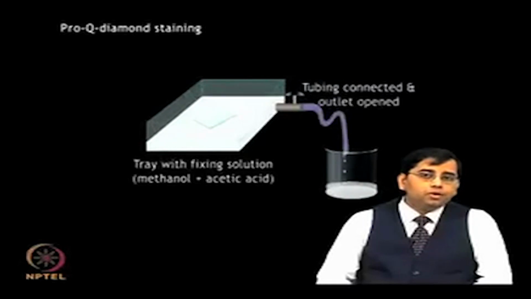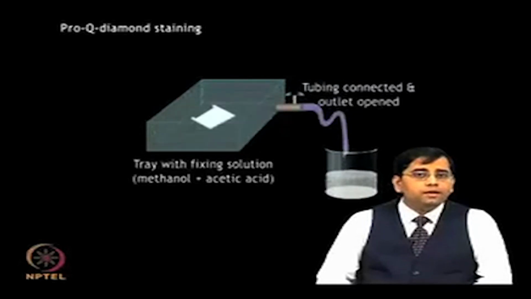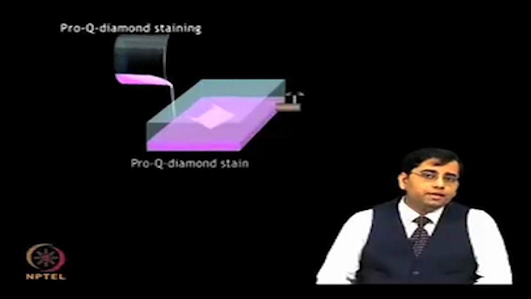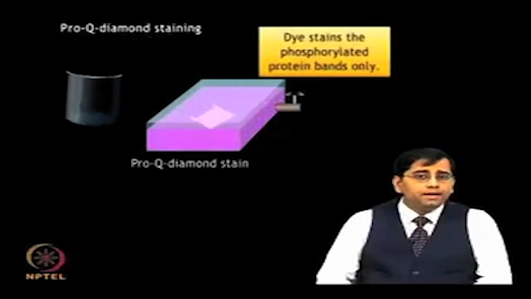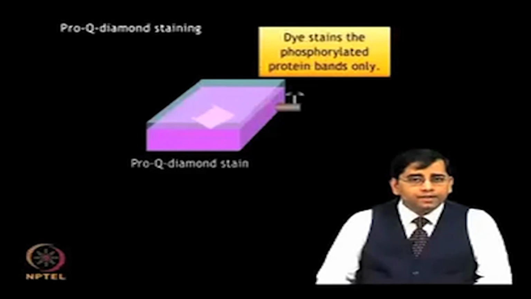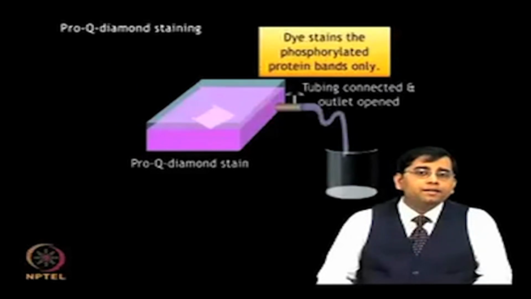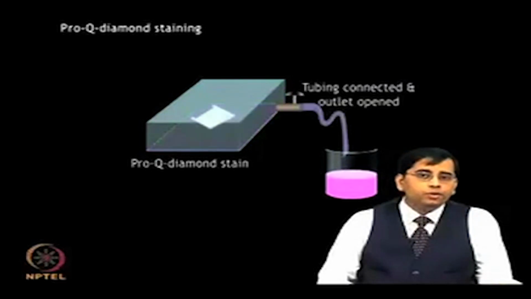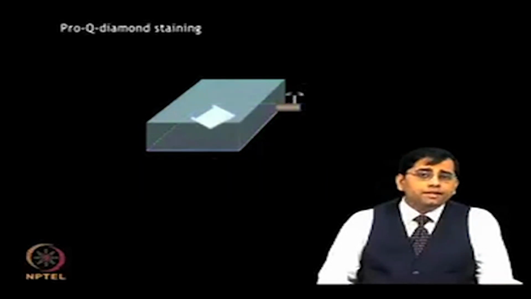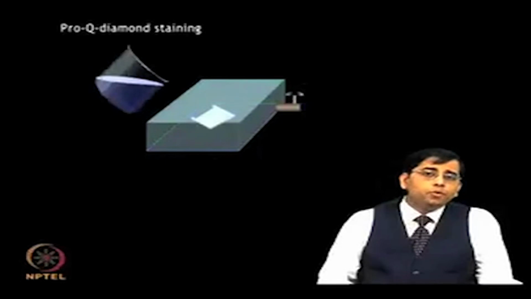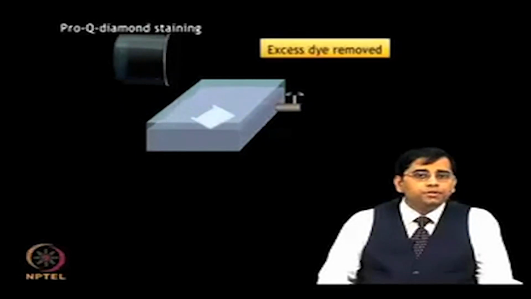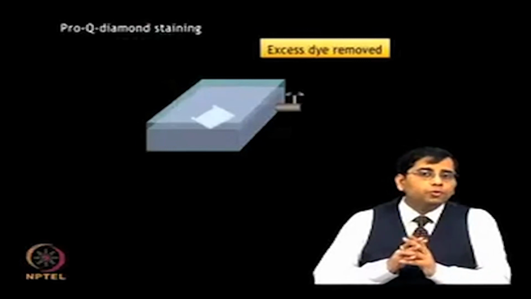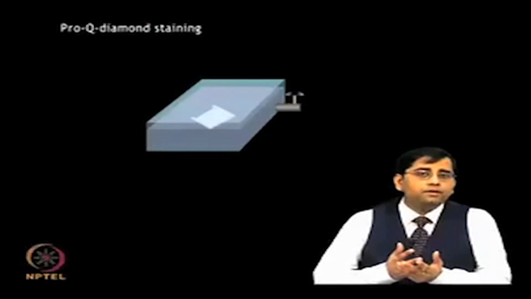Protein phosphorylation can be detected using a gel-based detection technique. Proteins separated on a 2D gel are placed in a fixing solution containing methanol and acetic acid, which fixes the protein bands onto the gel and minimizes any diffusion. They are stained using Pro-Q Diamond staining solution, which selectively stains only phosphoproteins on the gel.